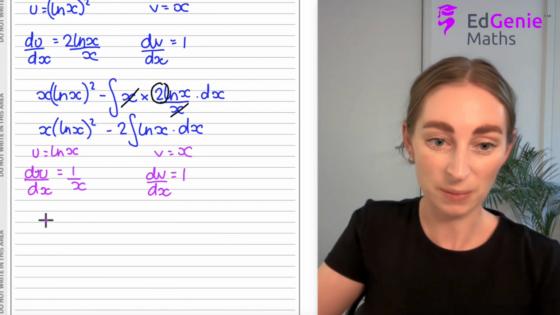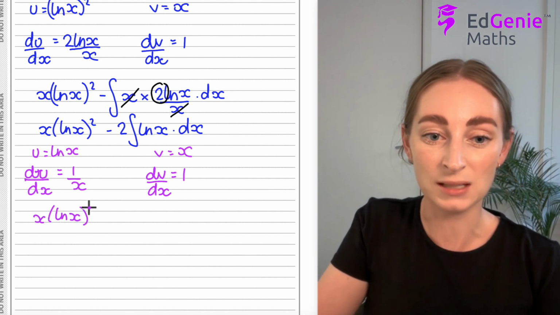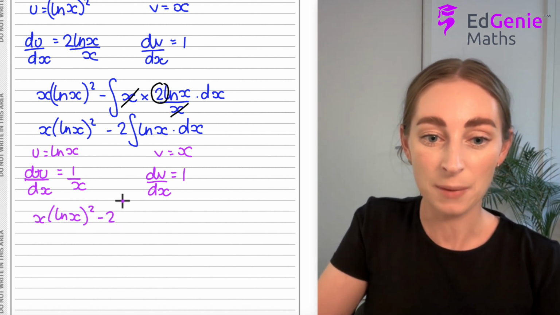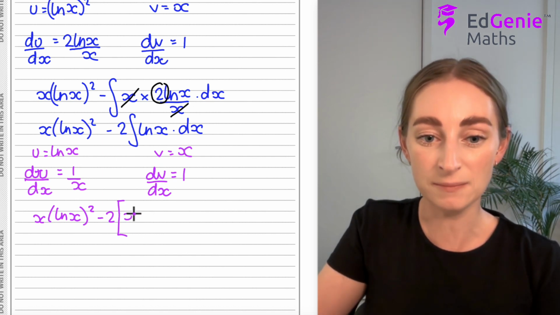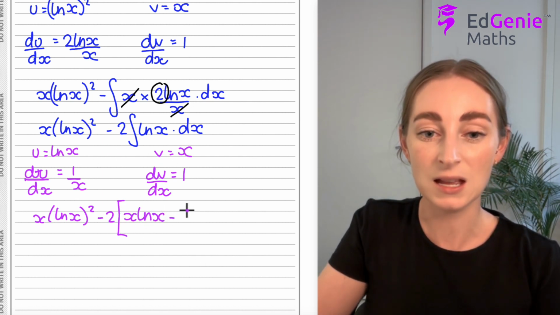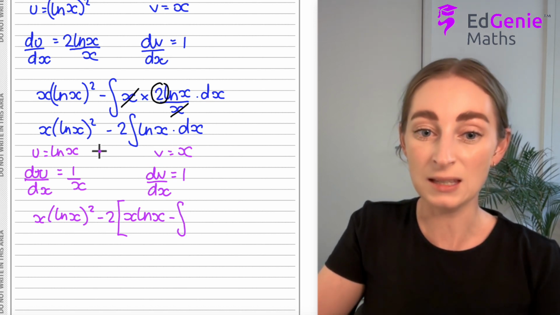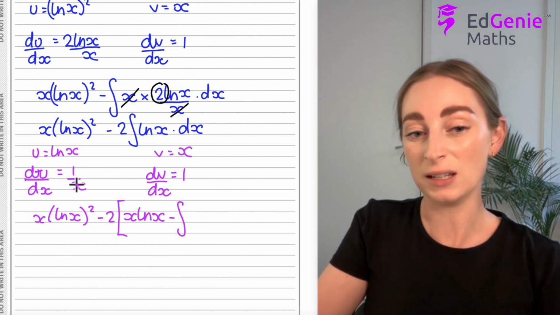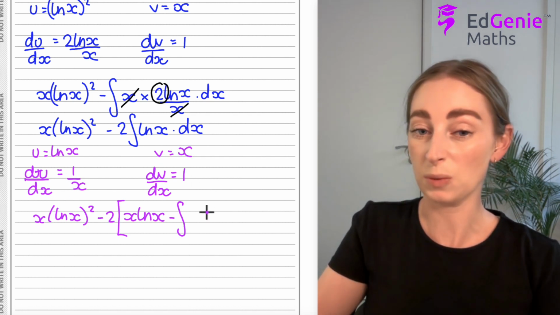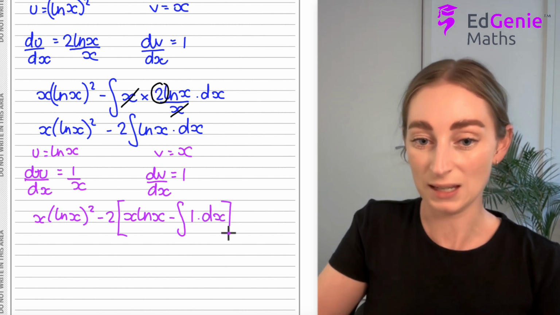Now substitute it back into our formula. We already had our x ln x all squared, so that has to stay there, minus 2 lots of u times v, so that's x ln x, minus the integral of v times du by dx. So x divided by x is just going to be 1. So that's going to be the integral of 1 with respect to x.